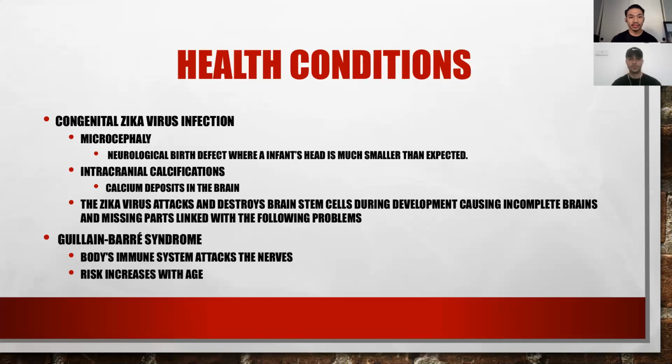The Zika virus attacks and destroys brain stem cells during development, causing an incomplete brain and missing parts linked with the following problems. We also have Guillain-Barré syndrome, where the body's immune system attacks the nerves, and it does increase with age. This syndrome potentially causes paralysis starting at the lower limbs and becomes lethal when paralysis reaches the diaphragm.